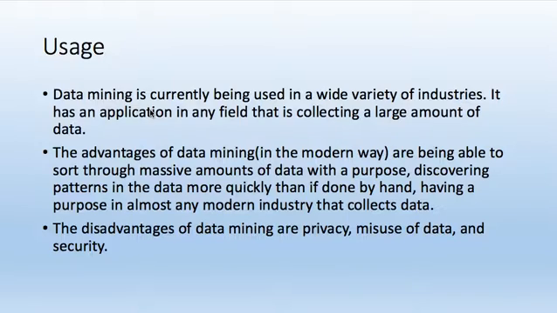And then we can use data mining to prove or disprove what our belief was. Also, now that it's automated, we're able to discover patterns in the data much more quickly than if done by hand. And a huge advantage of data mining, and why it's becoming so widespread, is that it's so versatile, and it can be used in almost any modern industry that does large collections of data.